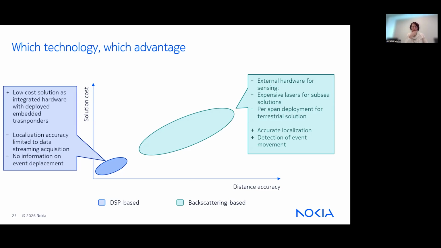So in case there is a navy vessel or a car, depending on the environment that we are monitoring, it will be possible to understand in which direction this event is going.